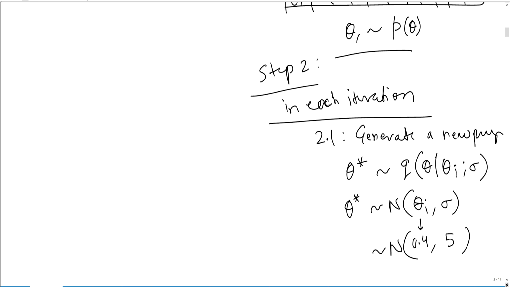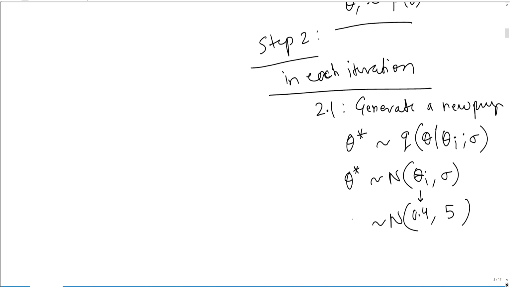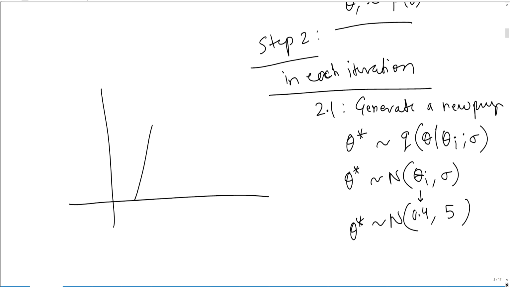What would it imply? What it would do is something like this. Let's say this is your true posterior distribution and your theta I is here, let's say 0.4.